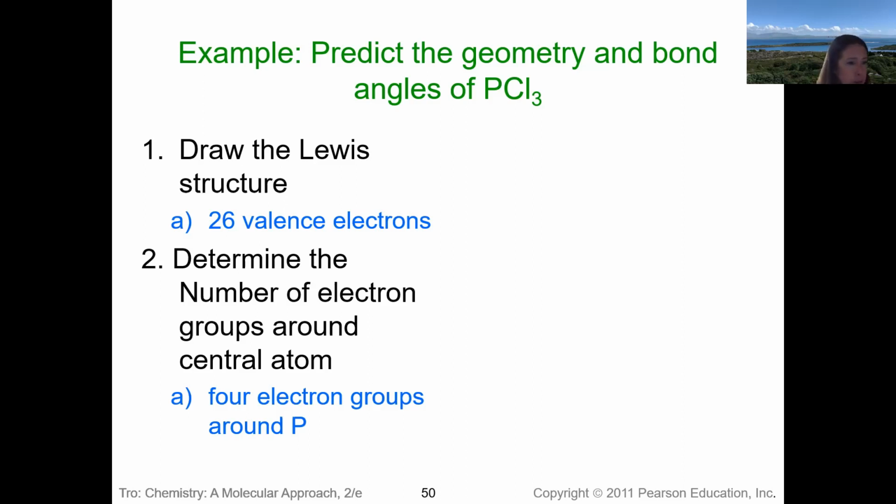Draw this now, while I pull up this geometry sheet and put it on your PowerPoint.